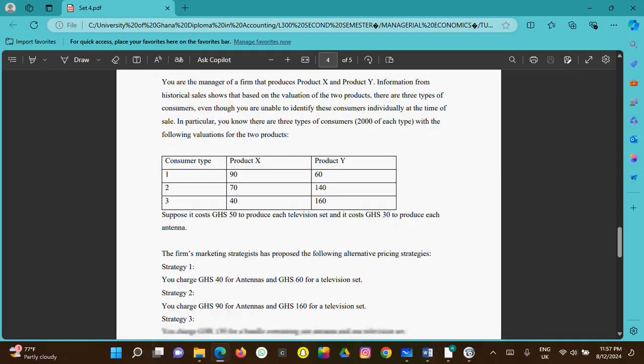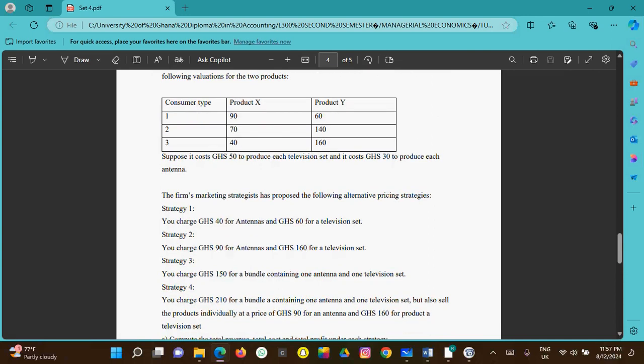Now the firm's marketing strategies are these. Strategy one: they charge 40 for antennas and 60 for television. We saw something similar in our pricing strategy video. Strategy two: 90 for antennas and 160 for television sets.